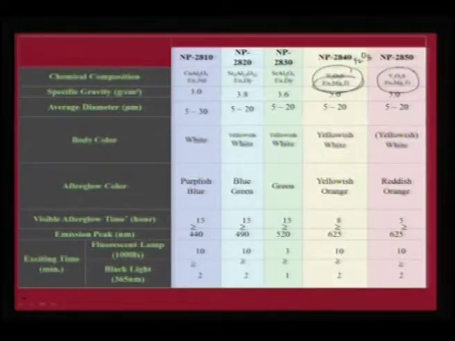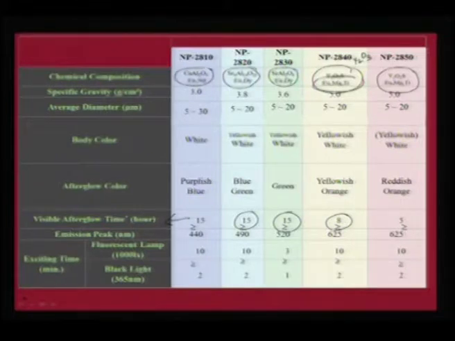phosphorescence here. And one thing that I would like to draw your attention to is the visible afterglow time in these phosphors. You can see they can radiate light for over 15 hours, and that is the speciality of this sort of phosphors. And if you look at the other phosphors, they are all mostly alumina based.